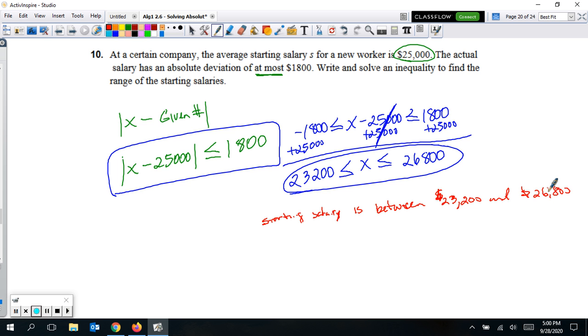So that's where the starting salary is going to be, somewhere in that range of salaries.